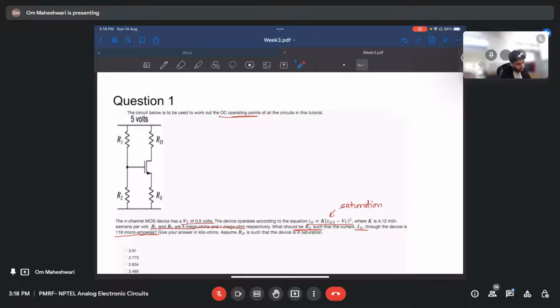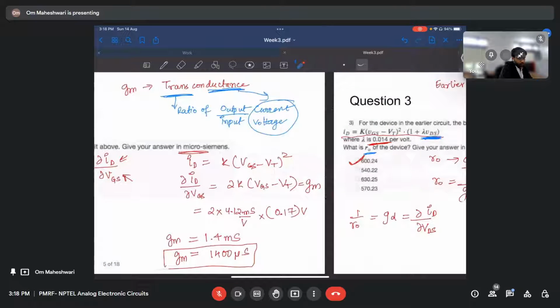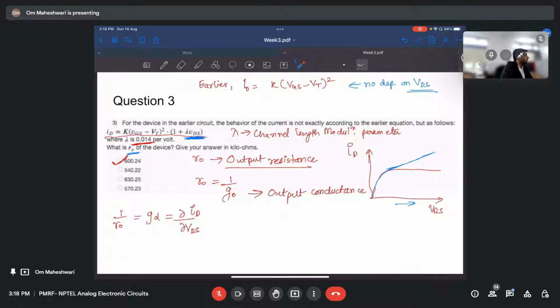So these values of R1, R2, RD, whatever we calculate, will work for all the questions ahead also. Any other doubt? No, sir. Okay.